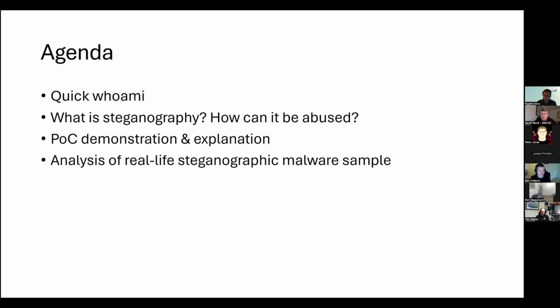And then I'm going to get to the heart of this talk, which is a demo of a proof of concept steganographic shellcode encoder and runner. And then I'm going to switch seats, move to the blue team side, and show an analysis of a sample of malware which has been found in the wild, used by an adversary to compromise a network.